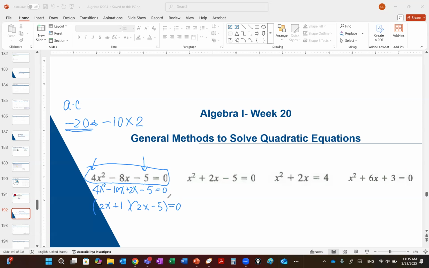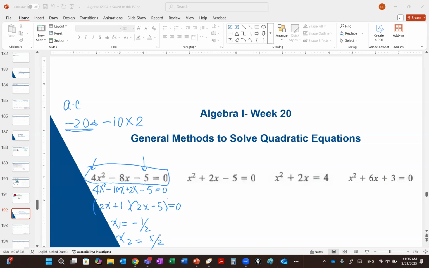Can anyone go from this step to here? From 4x squared, -10x, plus 2x, -5. So the first answer is -1/2. The second answer is 5/2. Is it correct? Yeah.